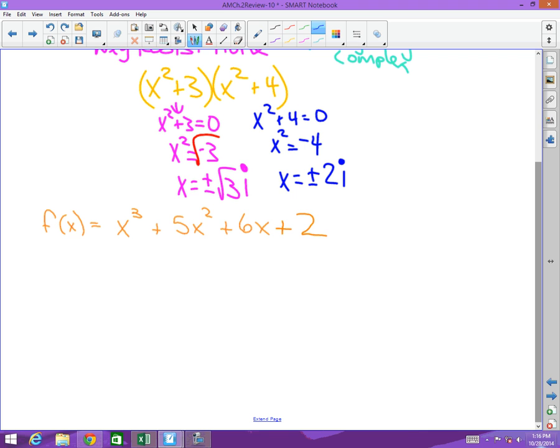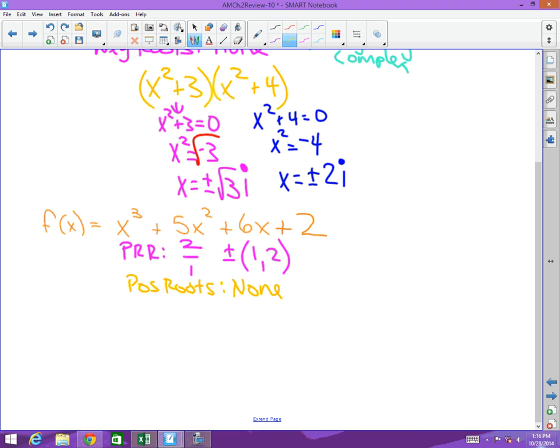All right, this next one, if we look at it, possible rational roots would be the factors of 2 over the factors of 1, and that would be plus and minus 1 and 2. Positive roots that it has, none, because it never changes sign again.